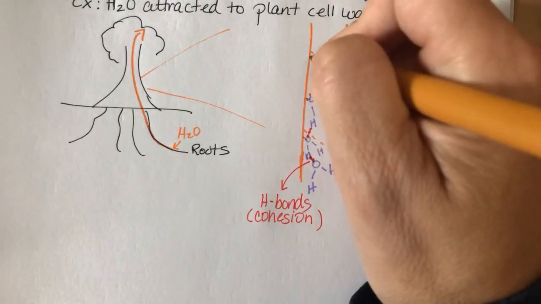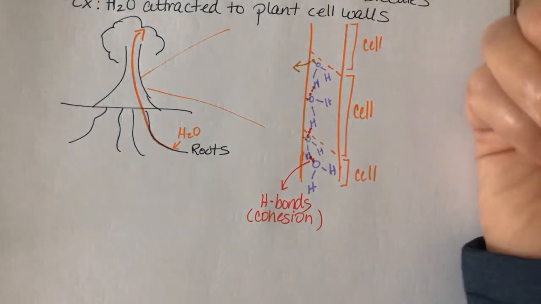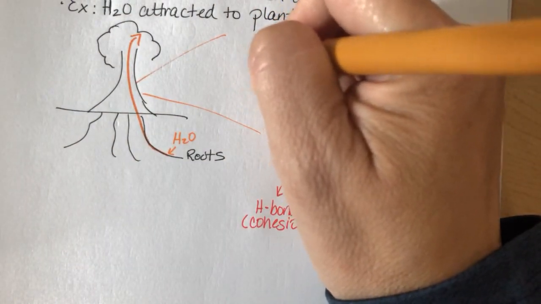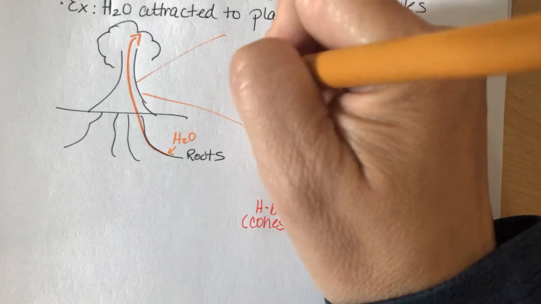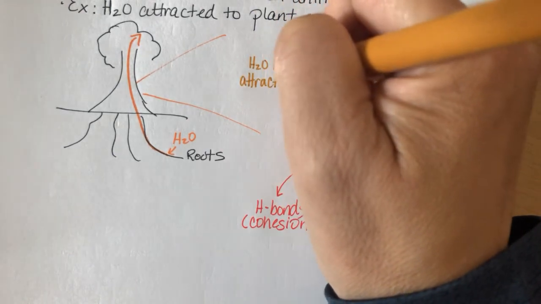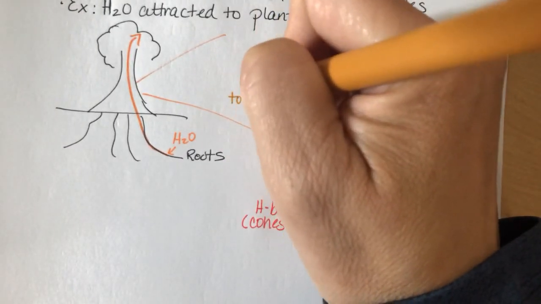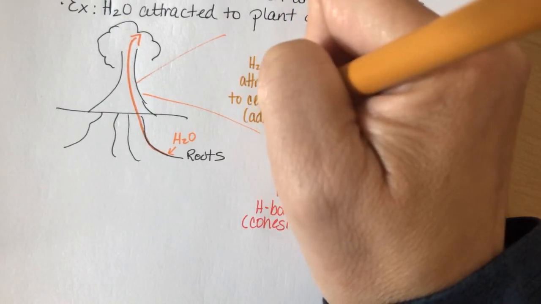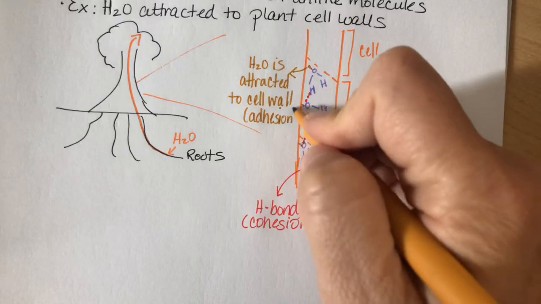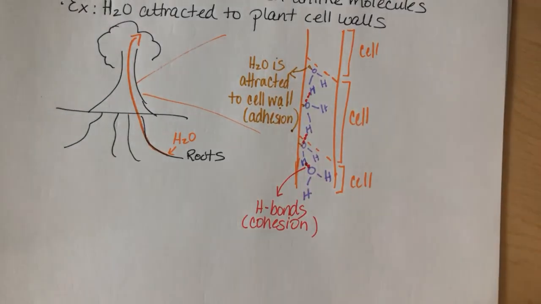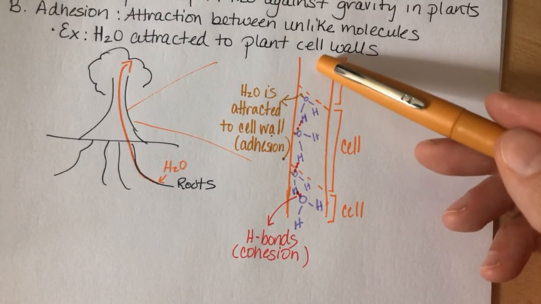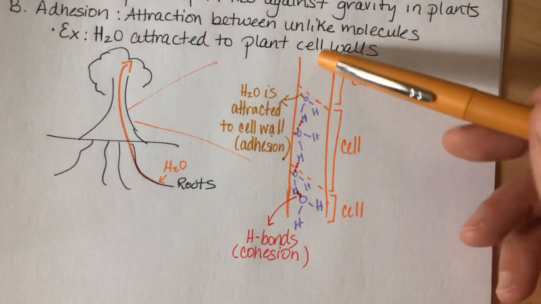I'll write here that the water is attracted to the cell wall, and that is adhesion. So you have cohesion and adhesion going on to help the water move up.